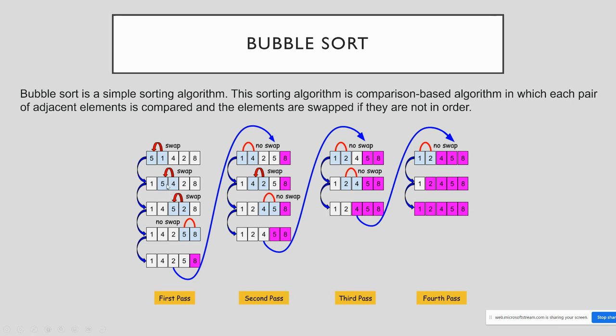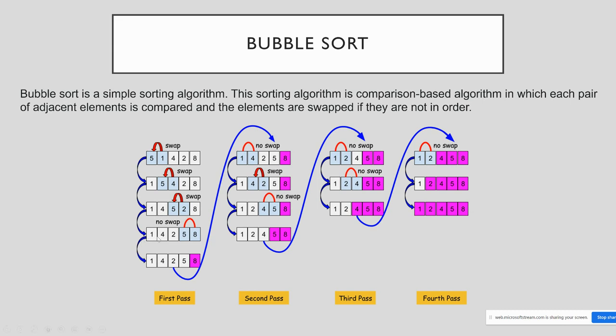Now it looks at 5 and 4. 5 obviously is larger than 4, so what it does is swap those two elements and then continue to 8. Then it goes back again and looks: okay, 1 and 4 is fine, 4 and 5 is fine. Now 5 and 2, again it swaps 5 and 2.